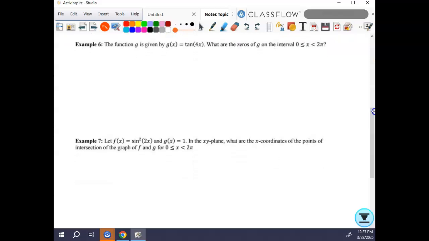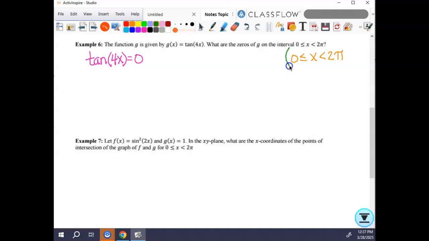Next one here, we've got the same interval, so let's write it out again. And then I need to go ahead and set this up so I know what to do. I'm given g of x, and I want the zeros. So tangent of 4x is equal to 0.